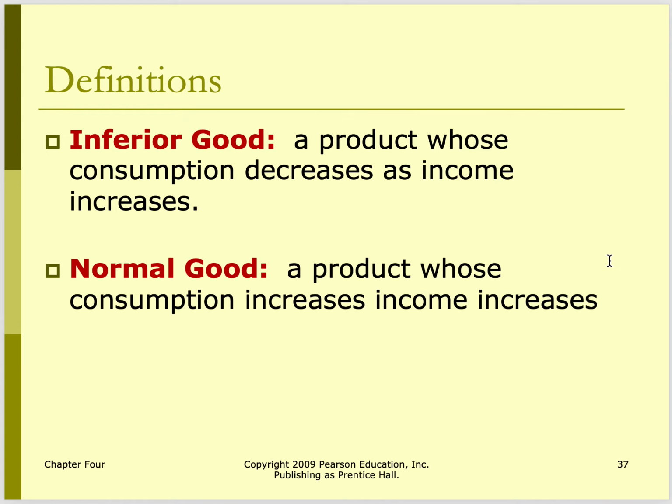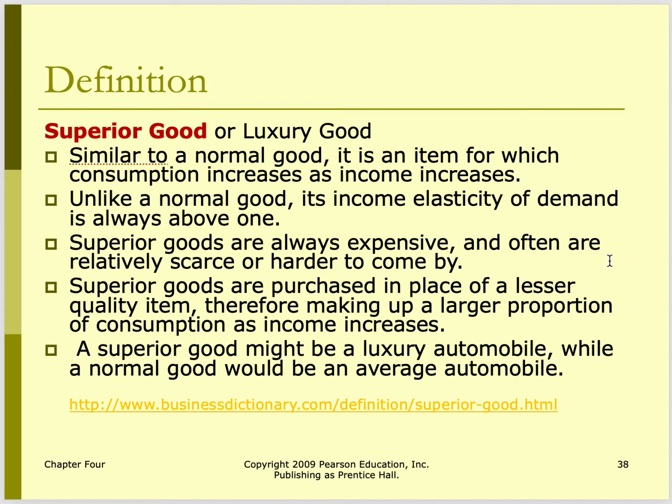So an inferior good is a product whose consumption decreases as income increases. And a normal good is a product whose consumption increases as income increases. A superior good is obviously similar to a normal good, an item for which consumption increases as income increases. But unlike a normal good, its income elasticity is always above 1.